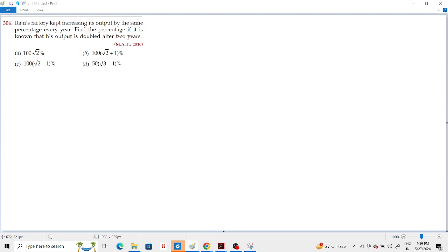The largest factory kept increasing its output by the same percentage every year. Find the percentage if it's known that the output is doubled after 2 years. So A is equal to P into 1 plus R by 100 to the power 2. Now see, output is doubled, so what is A to P?